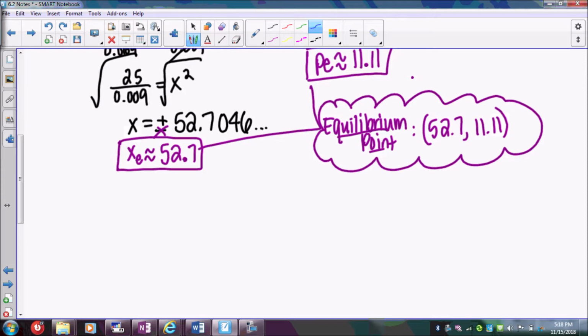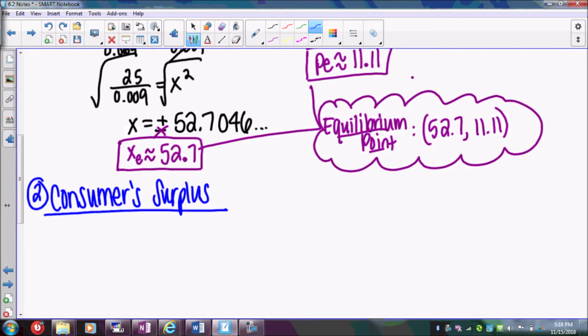So for step 2 here, I'm going to just do the consumer surplus. Not that it matters, you just pick one. So the consumer surplus, remember, is the integral from 0 to x of the demand function minus p sub e. So then we plug in.